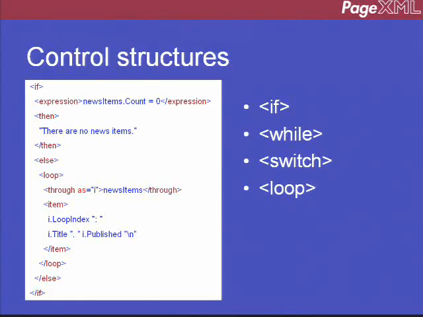You can see this is a really simple example where we're saying if there are no news items, then write out there are no news items, else loop through the items and output the title and the published date. Each iterator i contains one row from that table variable news items. And there's a handy feature added on that when you loop through.